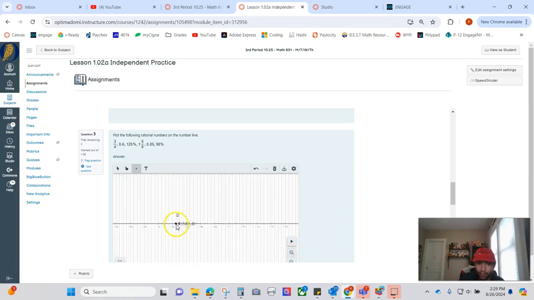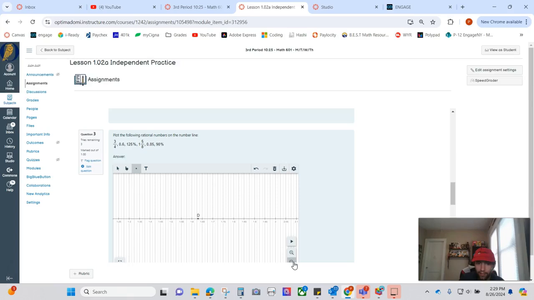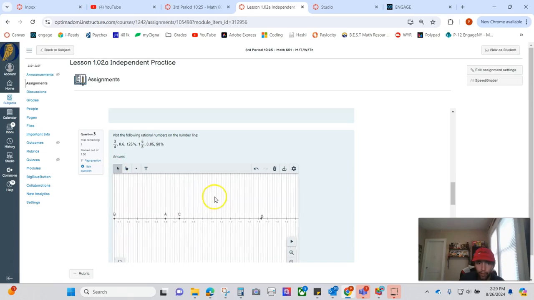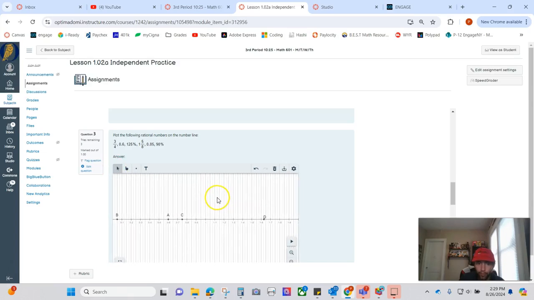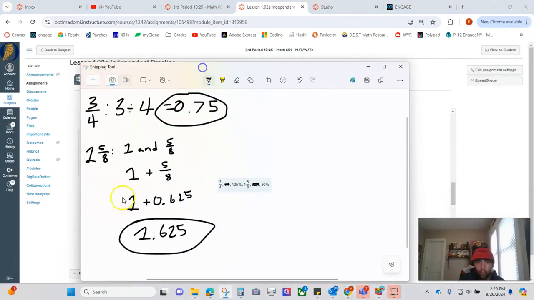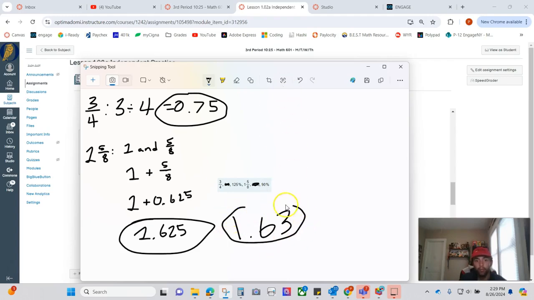So yep, looks like you have to, okay. Good to know. So you have to round to the hundredths place. And so rounding 1.625 to the hundredths place would make it 1.63. So that's what we would plot.